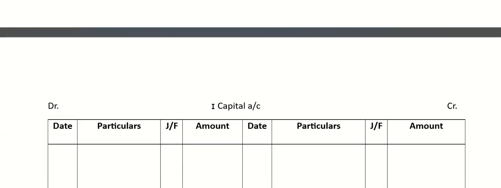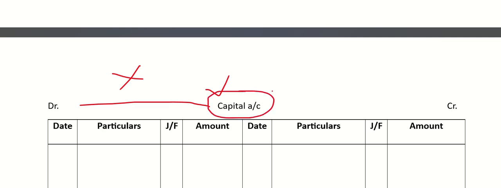Now stand here at the capital account and think about the journal entry once again. Was that journal entry capital account debited to cash? No. In the journal entry, capital account was credited. So we should write at the credit side of the capital account.